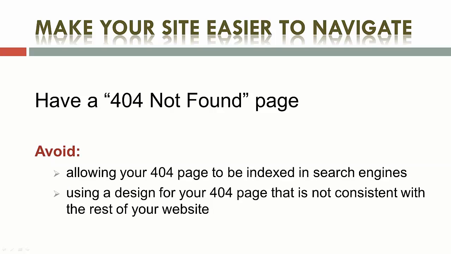Users will occasionally come to a page that doesn't exist on your site by following a broken link or typing the wrong URL. A 404 page guides users back to a working page on your site. Your 404 page should have a link back to your main page and could also provide links to the popular content on your website.